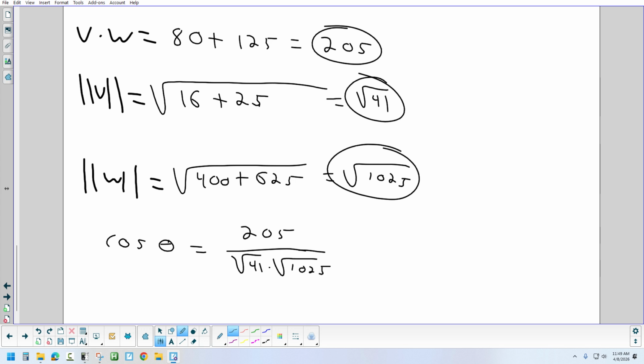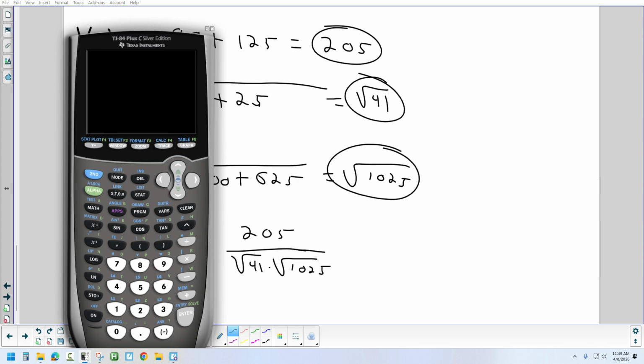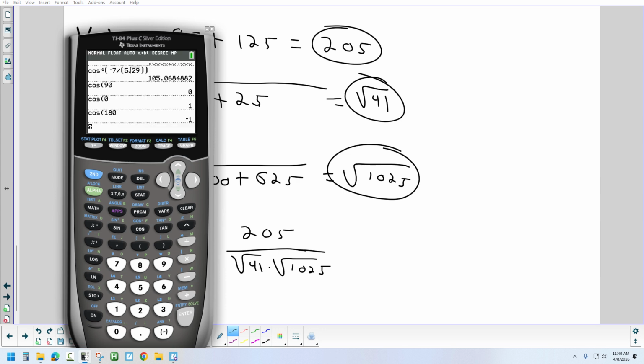So if these vectors are parallel, what am I hoping the bottom comes out to? And this is a positive times a positive. So I know we said there's two cases for parallel. Well, there's only one possibility for the answer here. Yep. If the bottom would equal 205. So let's see.